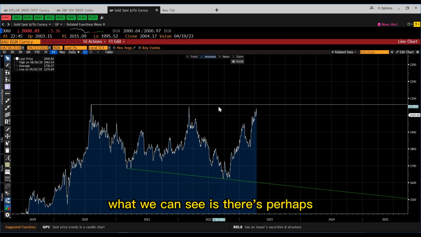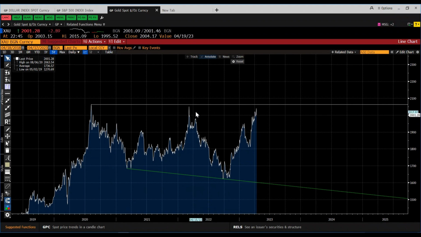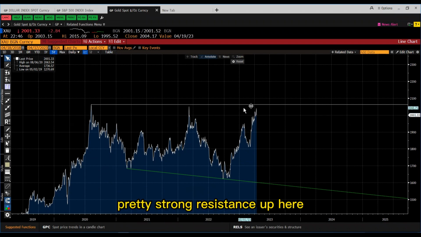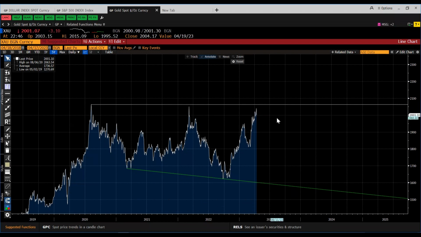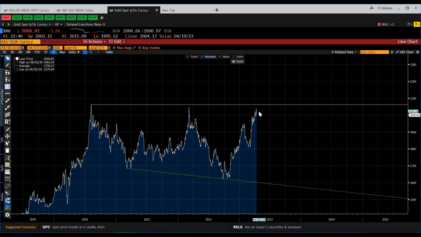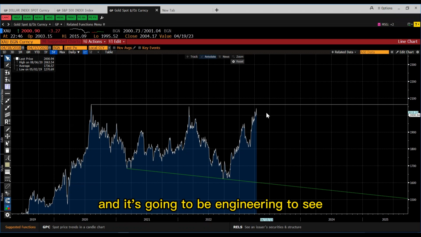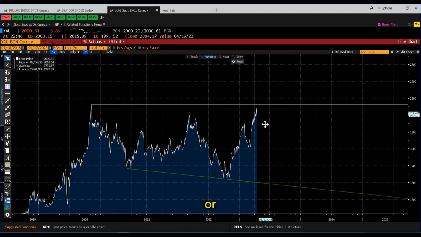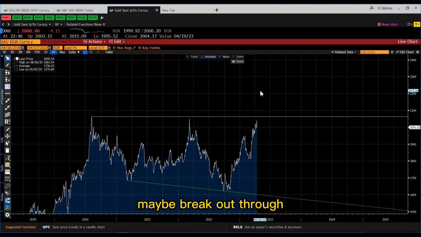What we can see is there's perhaps pretty strong resistance up here, just above the $2,000 an ounce mark. At the moment, it looks like we may be headed for the third approach, and it's going to be interesting to see if it's going to hold up, or maybe break out through that level and accelerate higher.